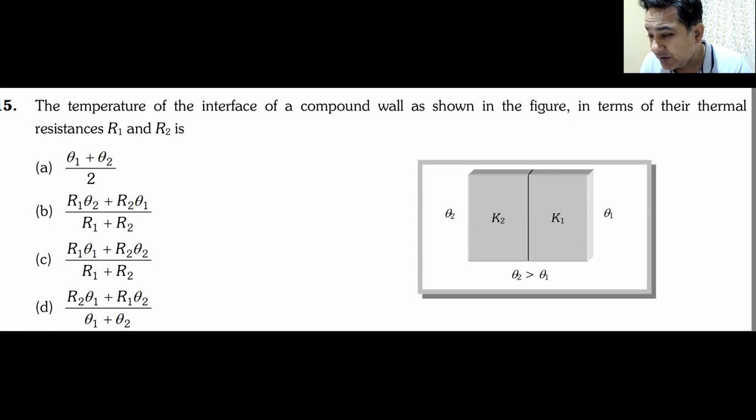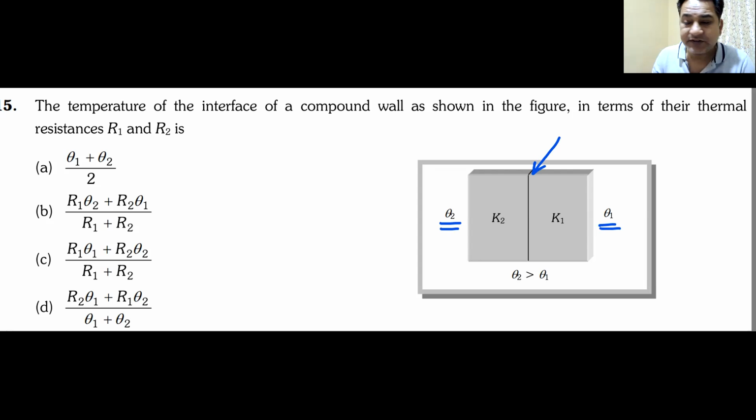The same question could be asked in electric current: what is the potential of this point? The potential of this point is this, and the potential of this point is this. In terms of thermal resistance, they are asking. There it could be in terms of resistance of this.